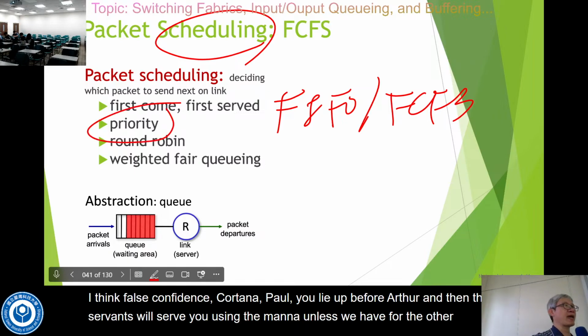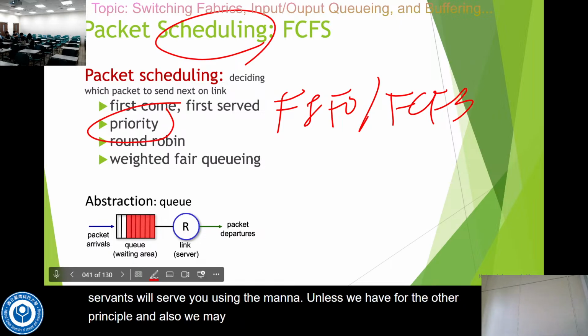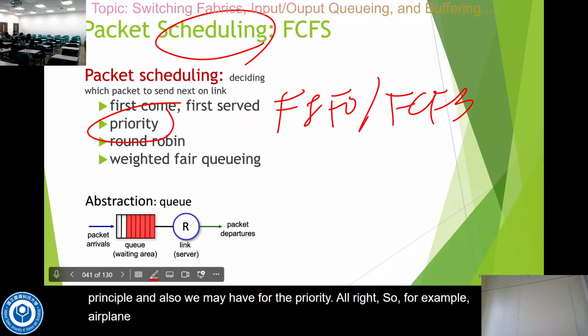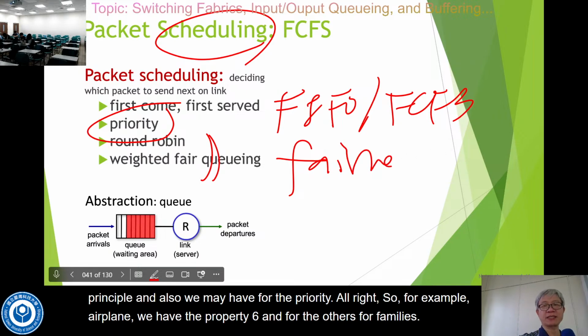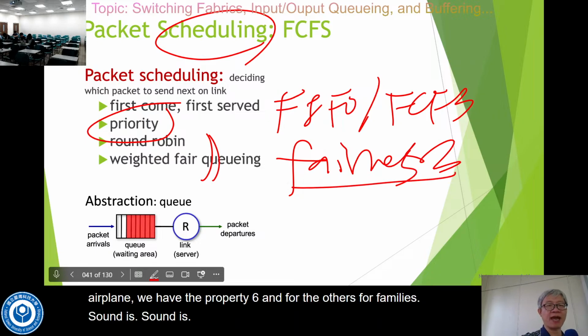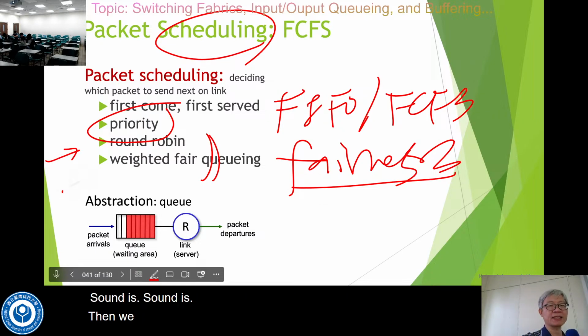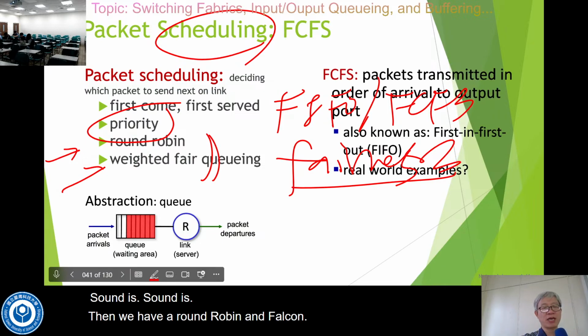And also, we may have the priority. For example, on an airplane, we have the priority seats. And for the others, for fairness, we have round robin and weighted fair queuing. Therefore, let us check what that means.